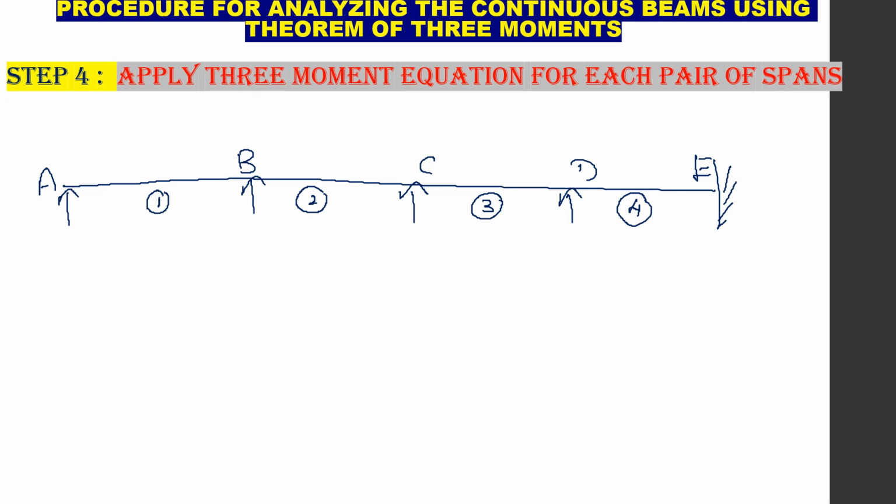Here the moment at A is MA equal to 0, but we will have MB, MC, MD and ME. That means we have 4 unknown support moments, so we need 4 three-moment equations.